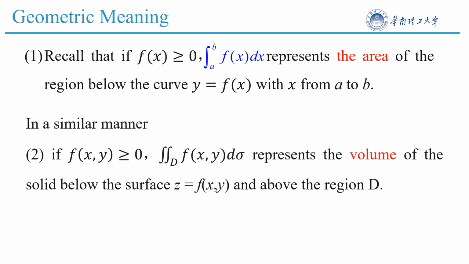In a similar manner, if f(x,y) is greater than or equal to 0, the double integral of f(x,y) on the region D represents the volume of the solid below the surface z equals f(x,y) and above the region D.